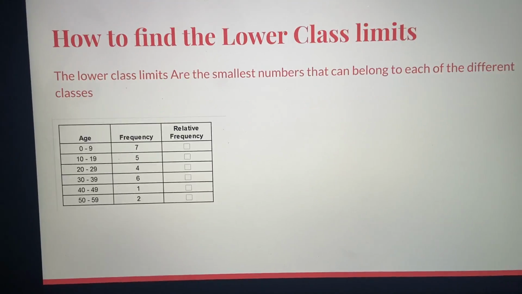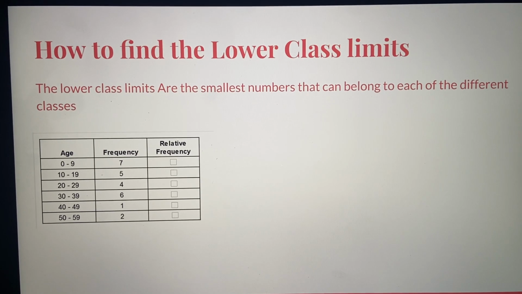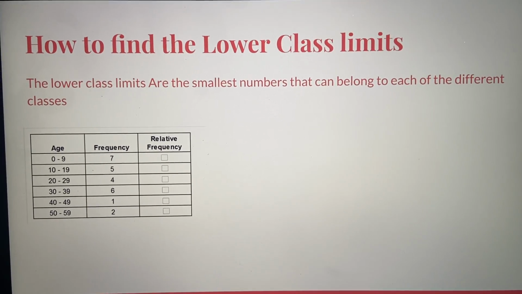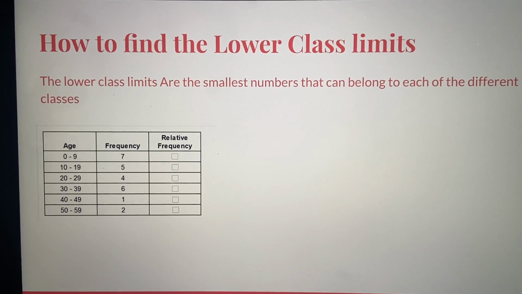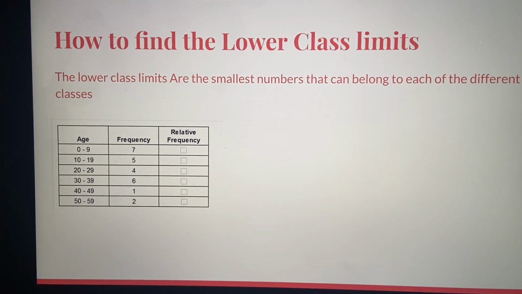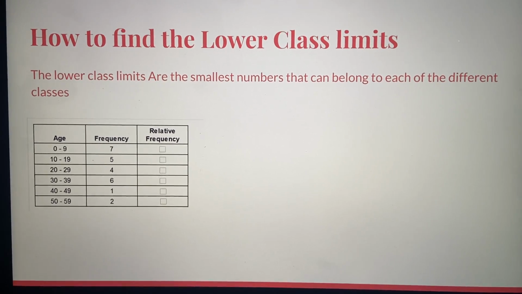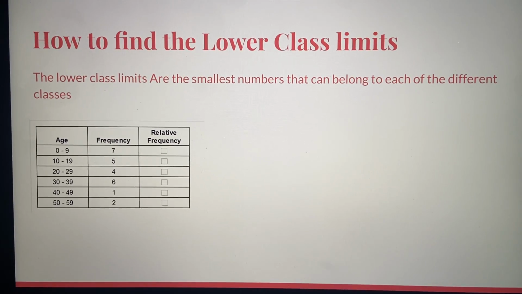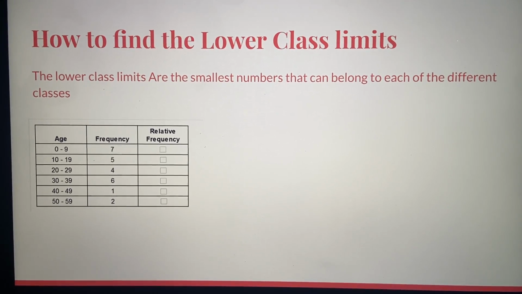All right. There are several things that you are going to look for in a frequency table, and one of those things is the lower class limits. How do you find the lower class limits and what are they? The lower class limits are the smallest numbers that can belong to each of the different classes.